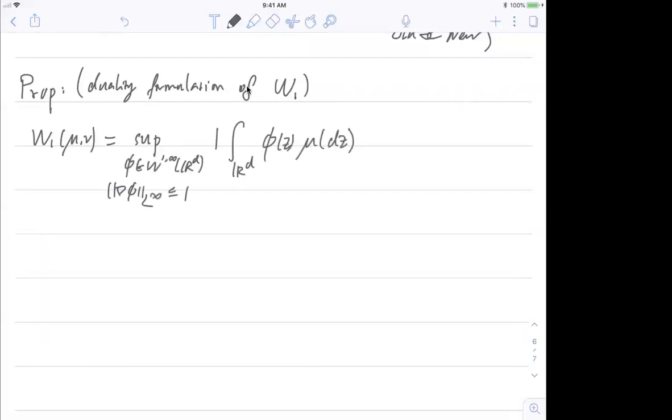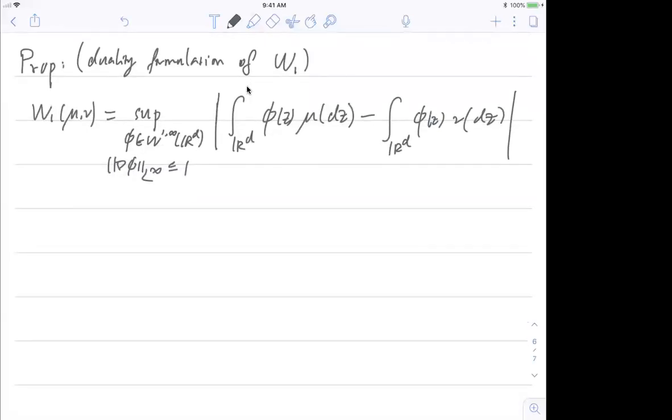Then we just compare the integral of this phi against mu minus nu. Okay, this is the duality formulation of the one-Wasserstein distance. So we will use this to do the Dobrushin estimate.